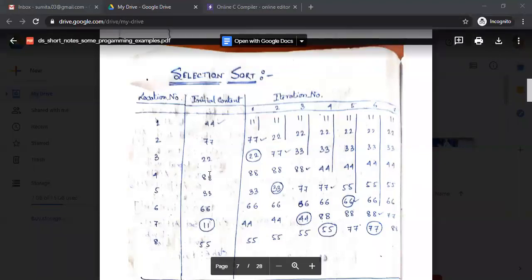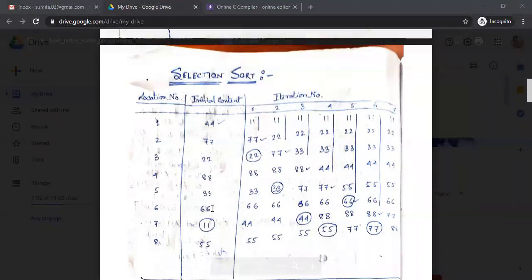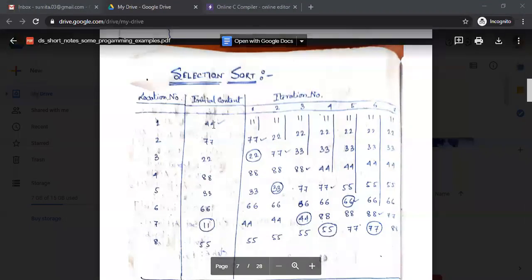In every case before 66, whatever values we are comparing, both positions are different. See, 44 is here, 11 is there. 77 is there, 22 is there. Again 77 is there, 33 is there.